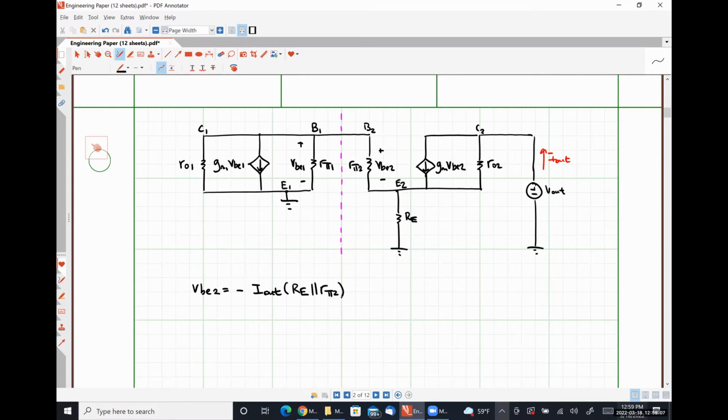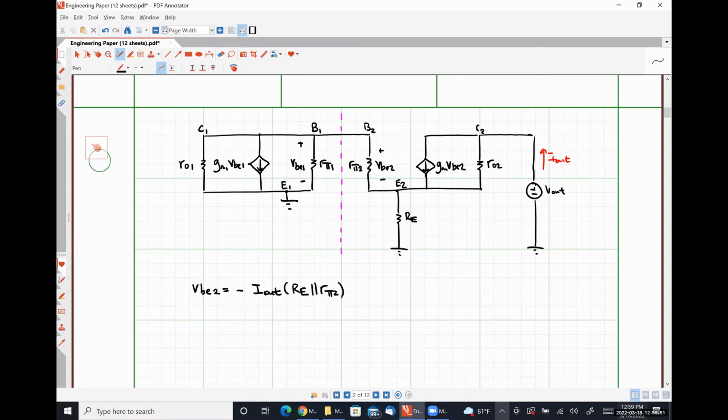This current I out flows into this node C2, splits up, recombines, and then sees a resistance of RE in parallel with a resistance of R pi 2 when we say everything to the left of the pink line doesn't contribute. So I out is flowing into the negative polarity terminal of VBE2, where VBE2 is just the voltage drop over RE in parallel with R pi 2, which is summarized. Y'all catching what I'm throwing?